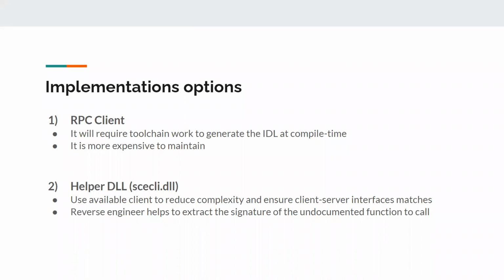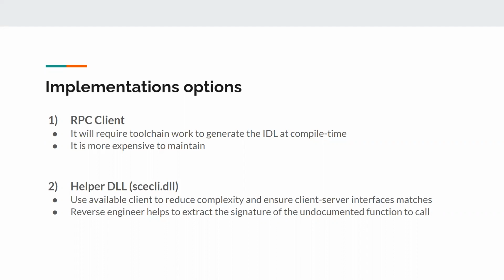By that I mean, if we know how to speak this protocol, we can send the message request from osquery itself and then wait for the response from the SCE server. That was doable, because there was a way to create the code required to implement an RPC client. But we also found a second way, which was using SECLI.dll, the same way that osquery was using it.